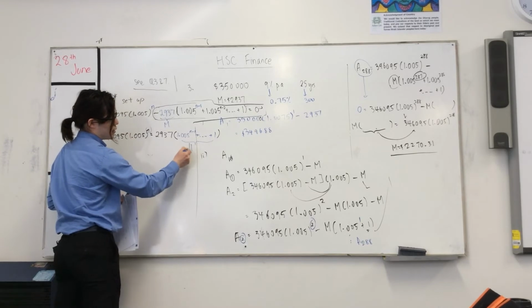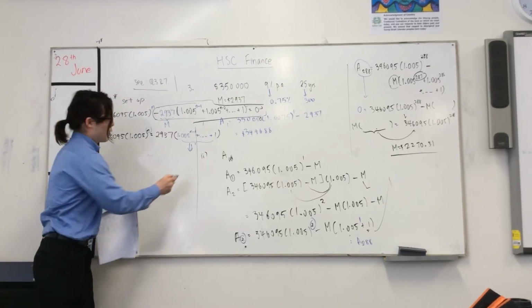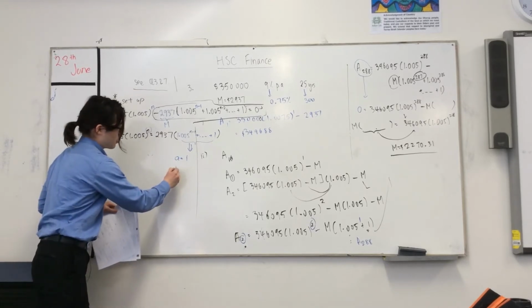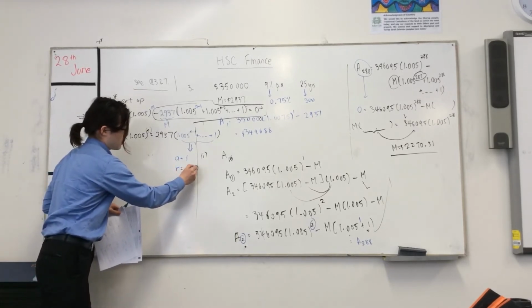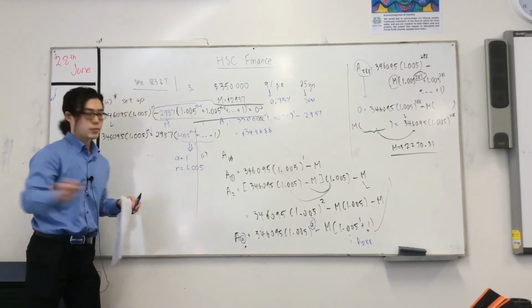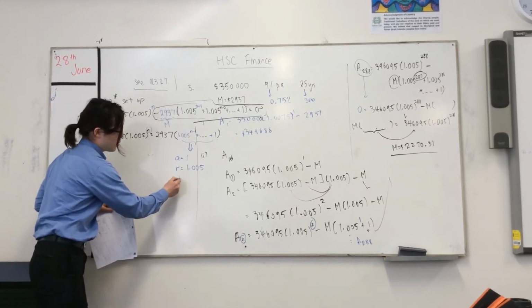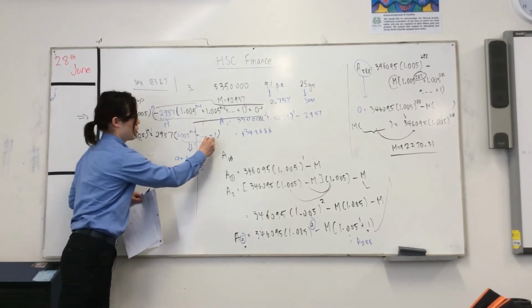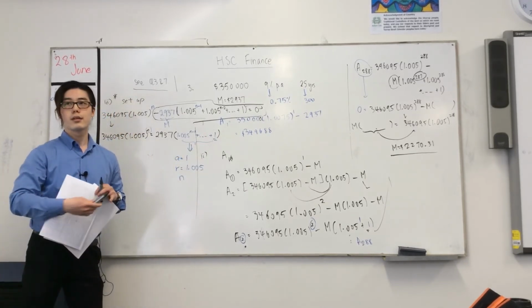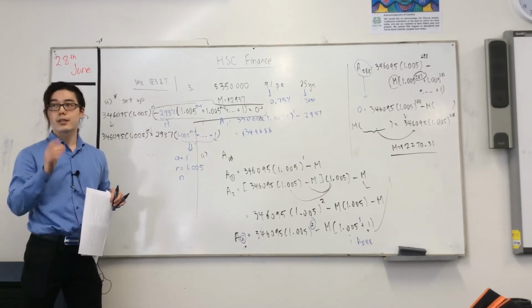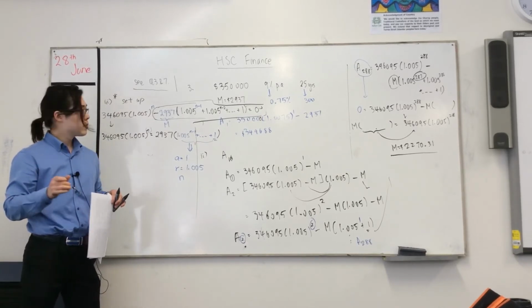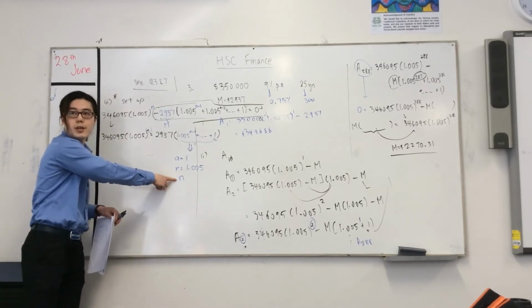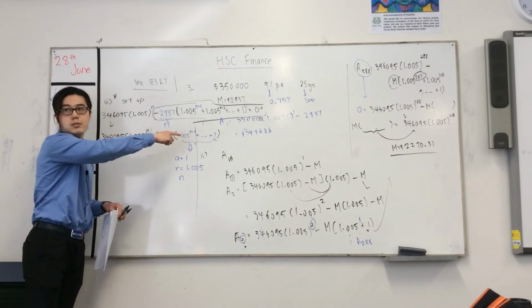Okay, so we actually need to use the geometric series here. Let's write it out. A equals 1. The number of terms is n, not n minus 1, because of the 1. The number of terms inside the bracket. Are we good with that? The number of terms is n, not n minus 1 terms.